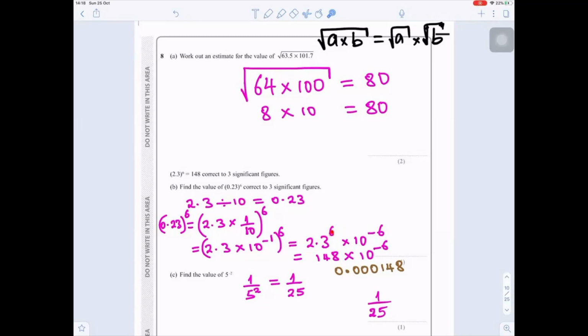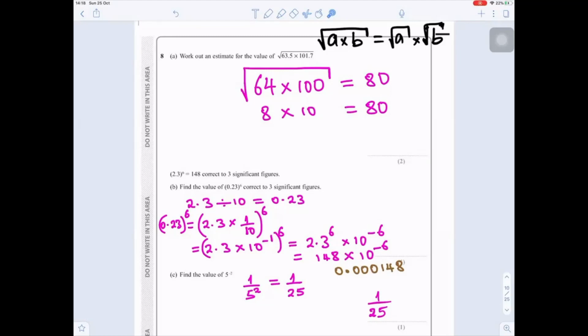So you've got 2.3 to the power 6 times 10 to the minus 6. From the beginning, they told us 2.3 to the power 6 is 148. So you write 148 times 10 to the minus 6, which you can write as 0.000148, or 148 times 10 to the minus 6.